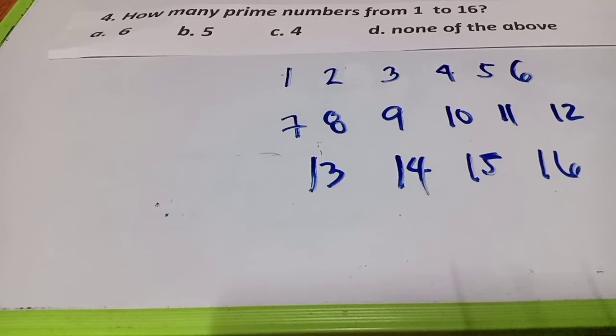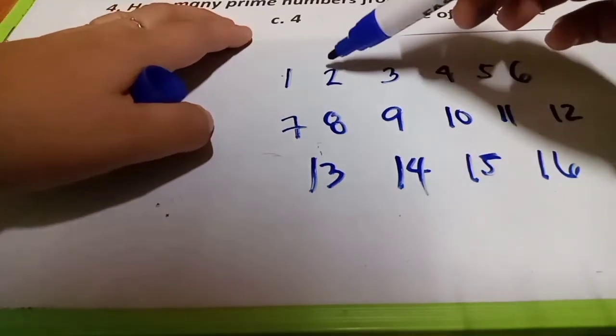When we speak about prime numbers, a prime number is usually divisible only by itself, while a composite number, for example 9, has 3 times 3 and 1 times 9. For 7, the only factor is 7 times 1. So what are the prime numbers?